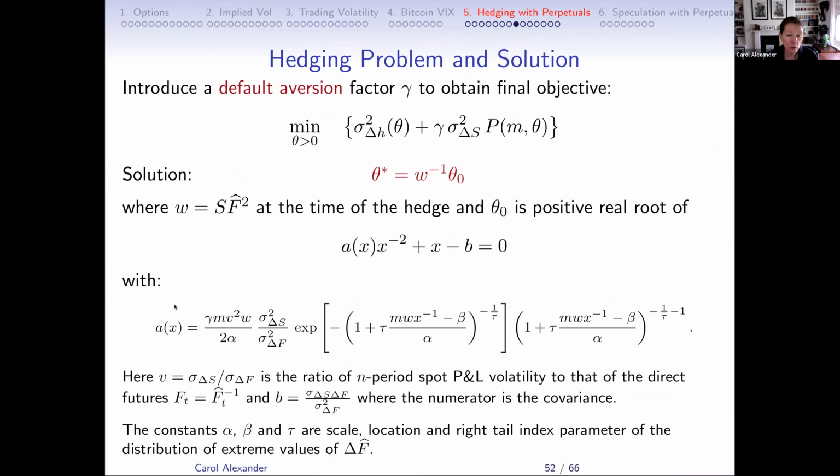So what factors influence the optimal hedge? Well, first of all, there's the ratio of the n-period spot and futures P&L volatilities.